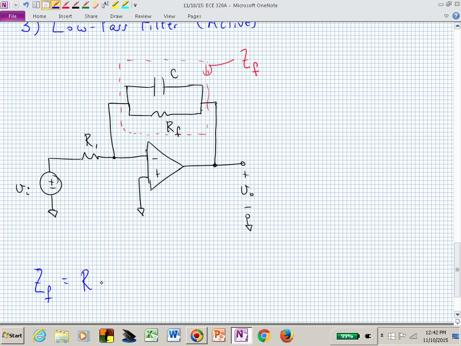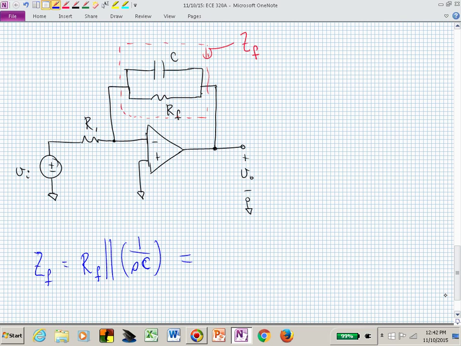And the two passive elements are R sub F, which is in parallel with a capacitor, and we could treat that as an S domain circuit, which is 1 over SC. That's the impedance expression for that capacitor. And if you remember how to compute R's in parallel, you can do the same thing for these devices.